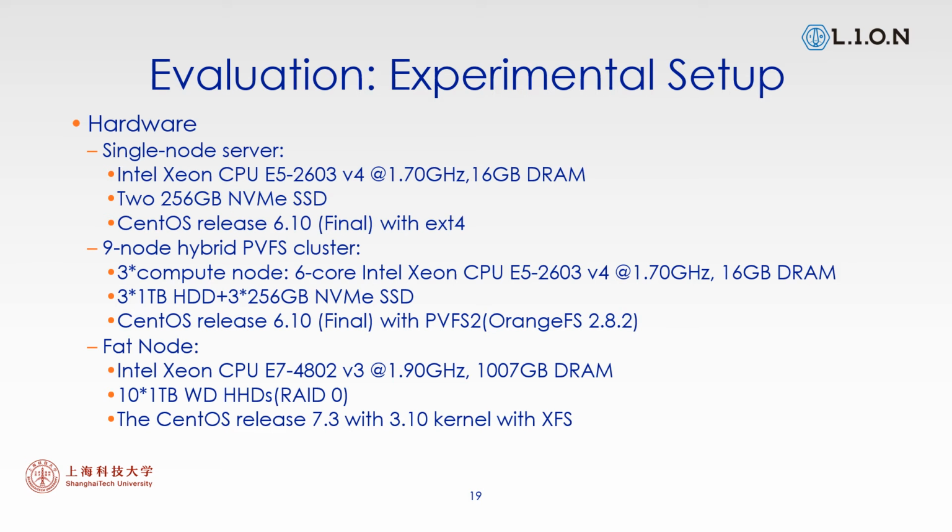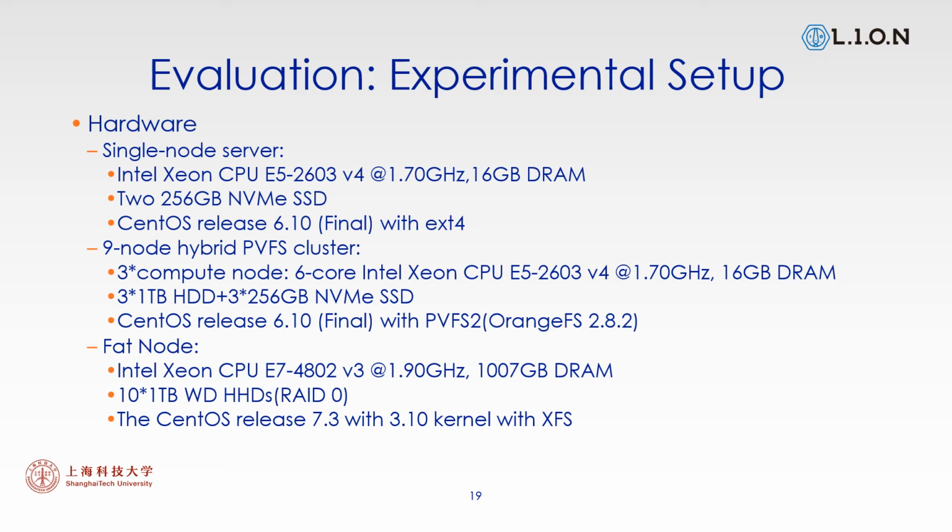We evaluate this prototype on 3 different platforms: a single node server with 2 NVMe SSDs and CentOS release 6.10 with ext4; a 9-node hybrid PVFS cluster, which has 3 compute nodes, 3 1TB HDD storage nodes, and 3 NVMe storage nodes, where we use PVFS2 or OrangeFS 2.8.2; and a fat node with 10 1TB HDDs forming a RAID 0 with CentOS release 7.3 and XFS.